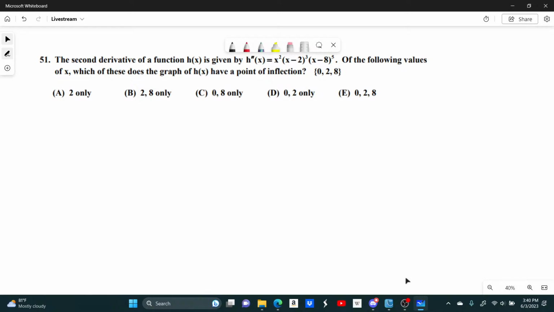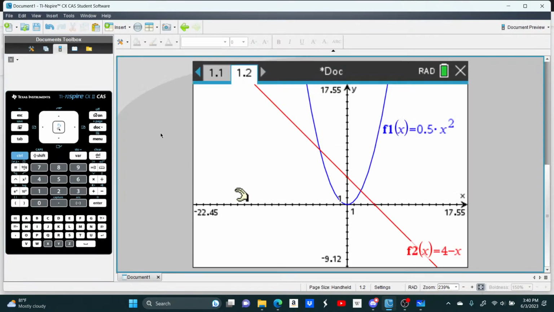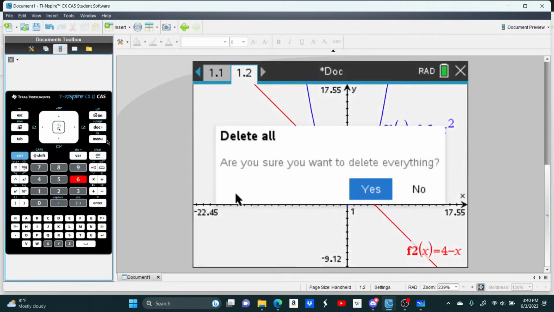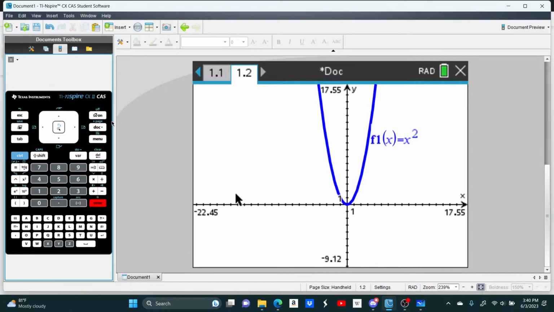So here's an example. Let's say instead of h double prime of x equals all this, let's say it was just x squared. You guys know what x squared looks like, but I'm just doing this for the demonstration. So I'm approaching on the negative side. I'm getting closer and closer to my point that's 0.